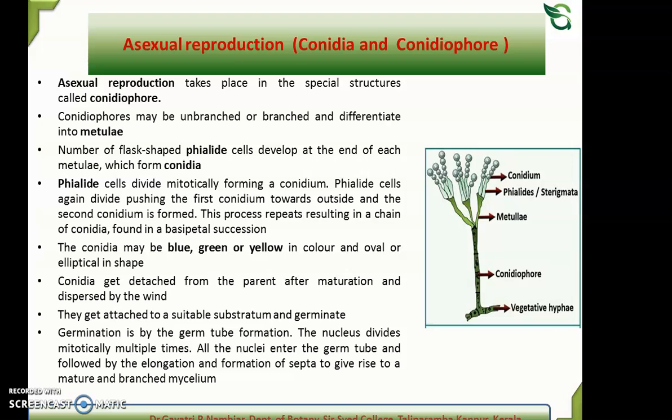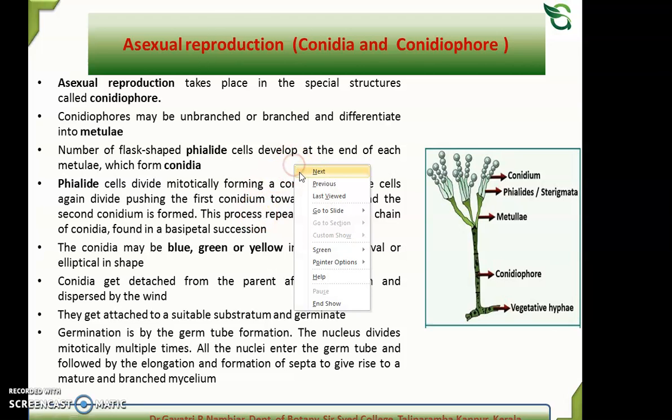By then the nucleus of the conidium undergoes repeated mitotic division and a multinucleate condition is formed, and septa are formed, and it gives rise to another mycelium. So in this way, asexual reproduction continues.